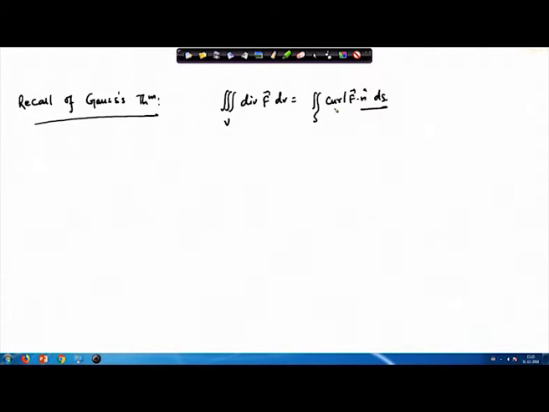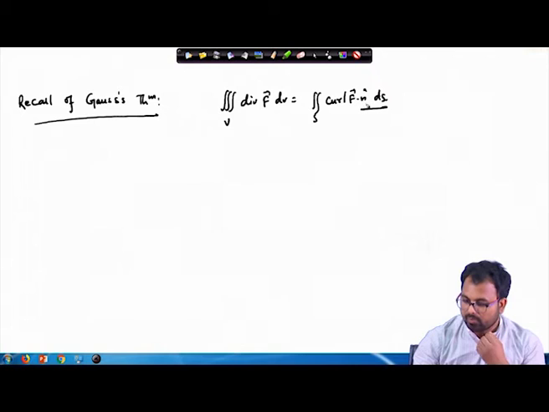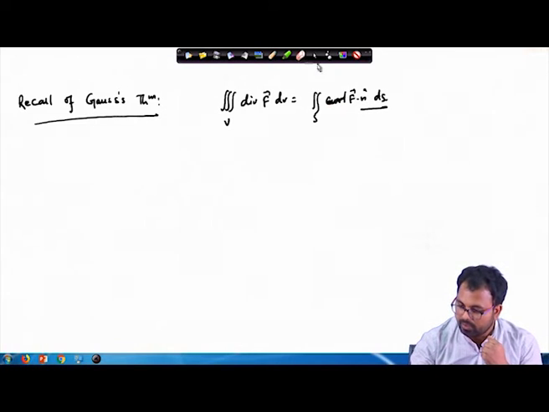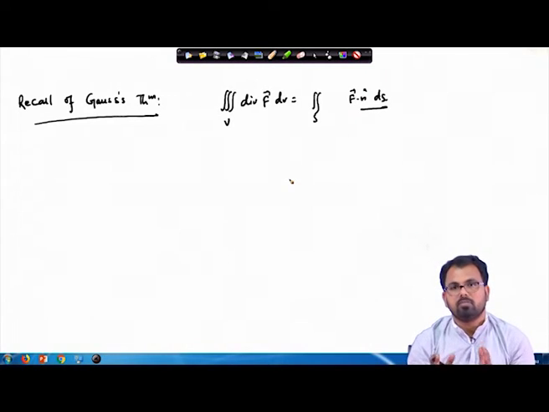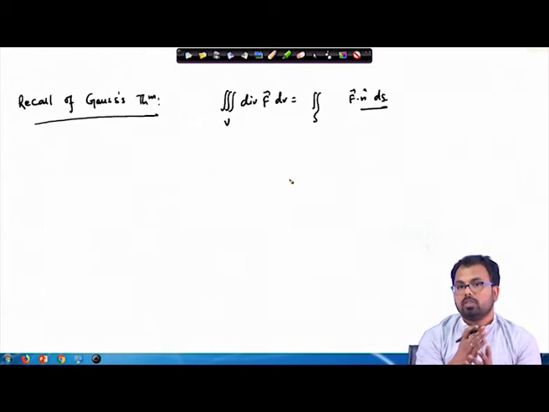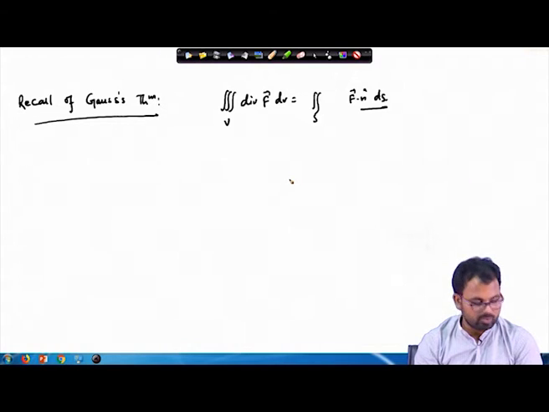With the help of this theorem, if you are asked to evaluate a surface integral, you can just convert it into a volume integral, and things become very straightforward.